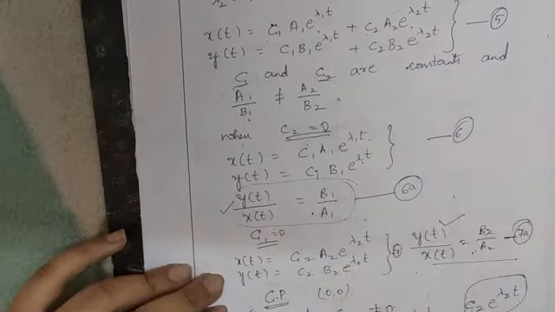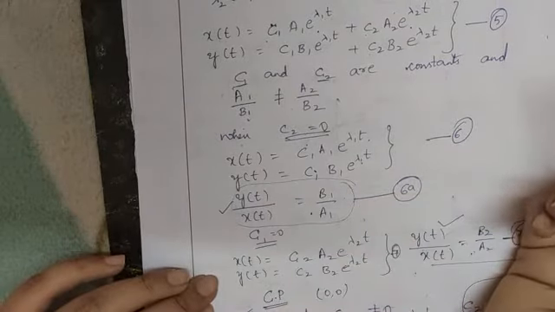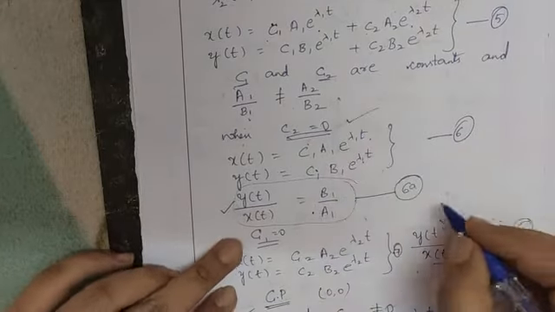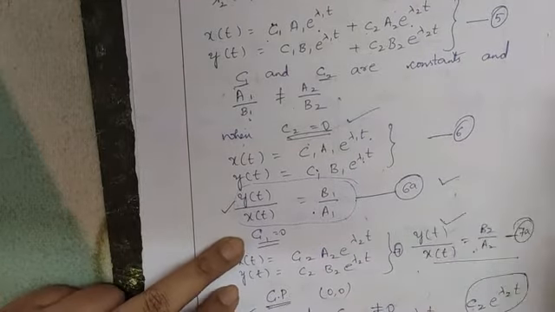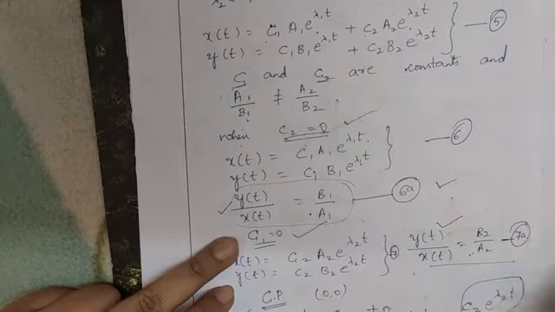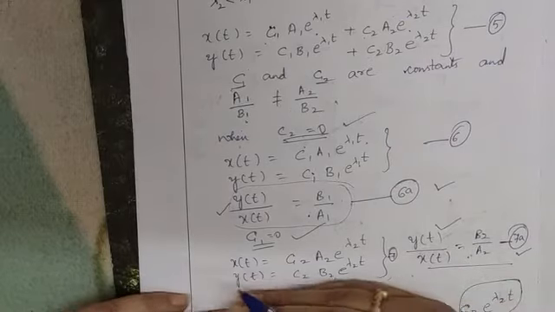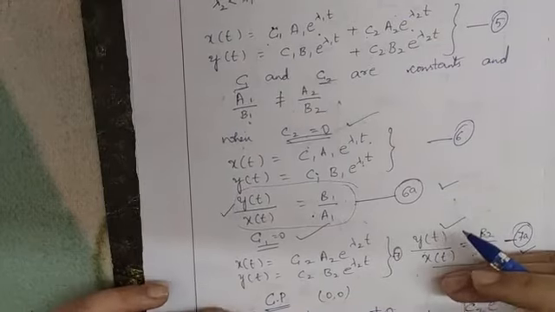similar to this process. Again, what we will do, we will consider C2 is equal to 0. If C2 is equal to 0, you will get 6a. If C1 is equal to 0, you will get equation number 7a. Okay, till this part the process will be the same.